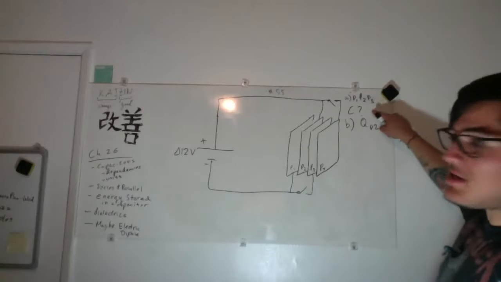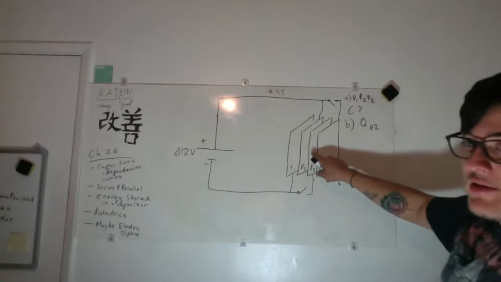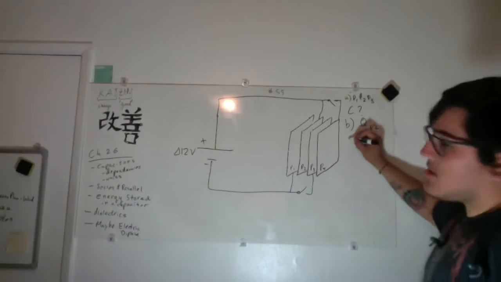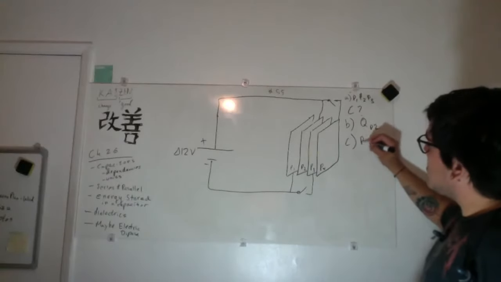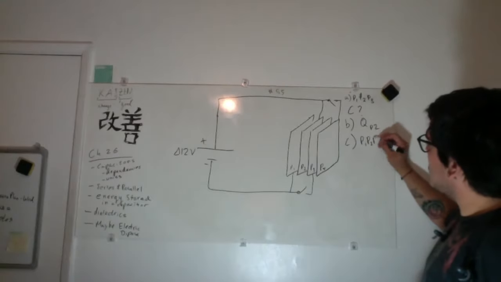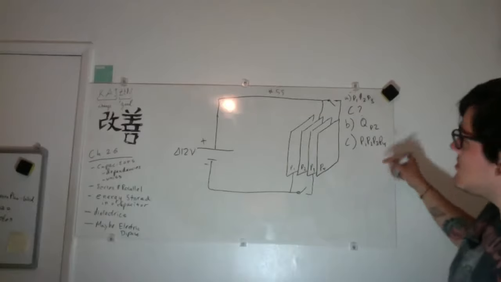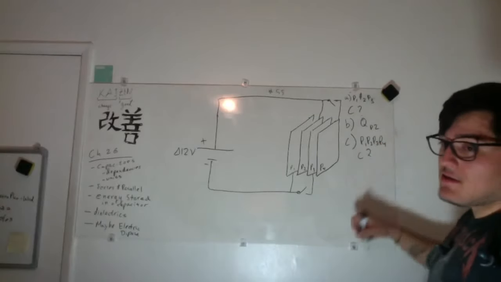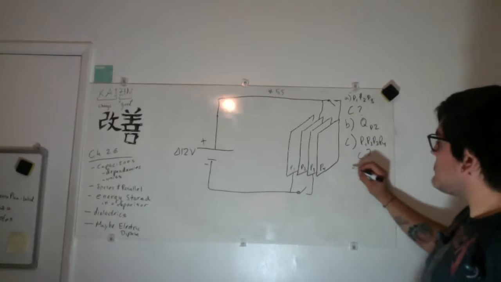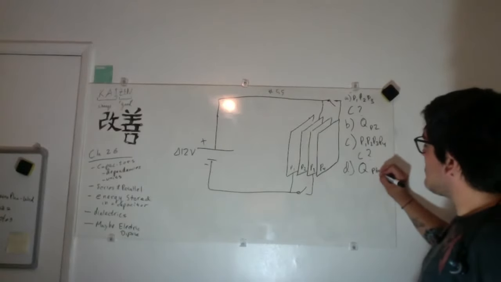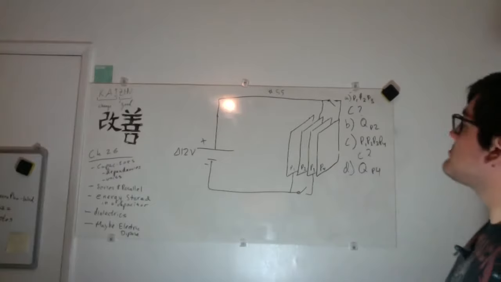So first the capacitance of these first three, and then the charge on the second plate. Then they ask for all the plates, what is the capacitance? And then what is the charge on the last plate?